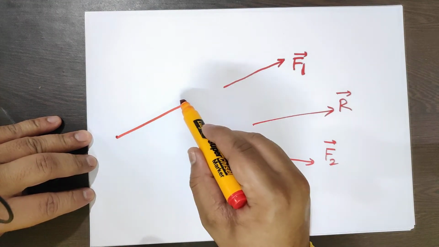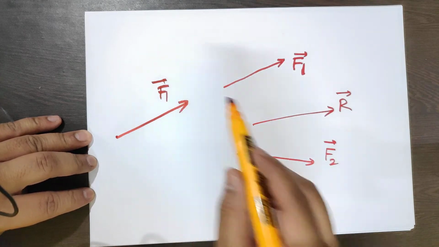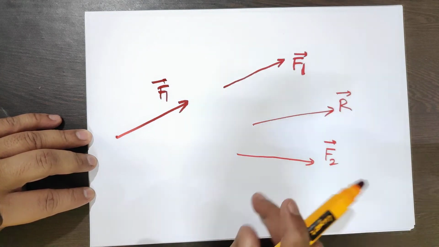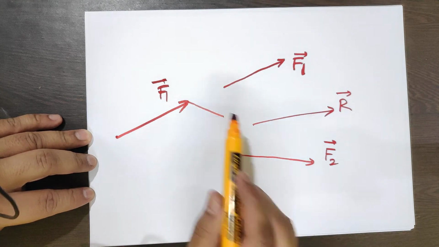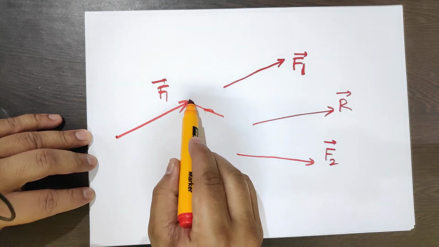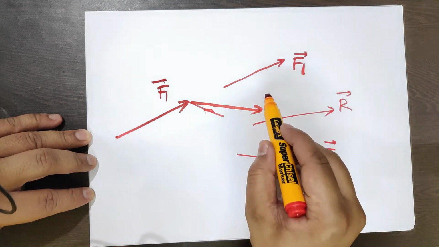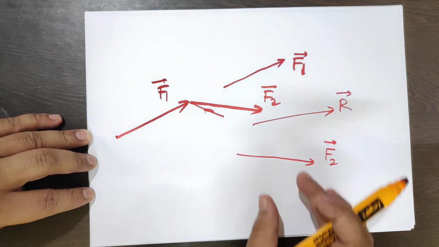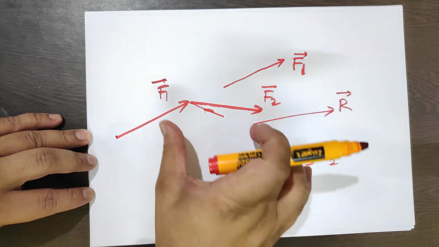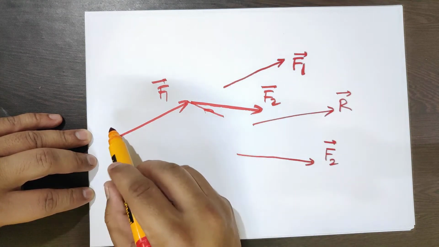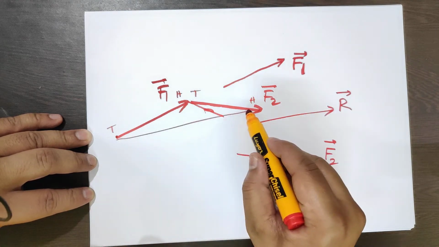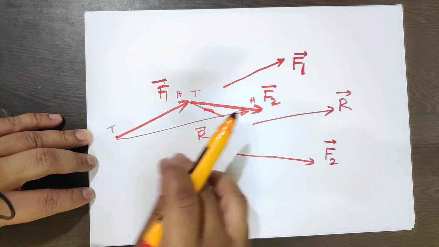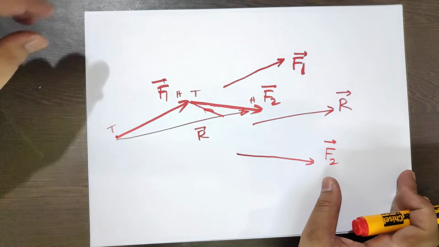So that's force F1, and I know the triangle law only, so this I will parallelly shift to add. See, this vector is parallelly shifted, F2. I shifted F1 and F2 also. So there it is, tail to head, tail to head, and this is the resultant vector. This is where the car will go.